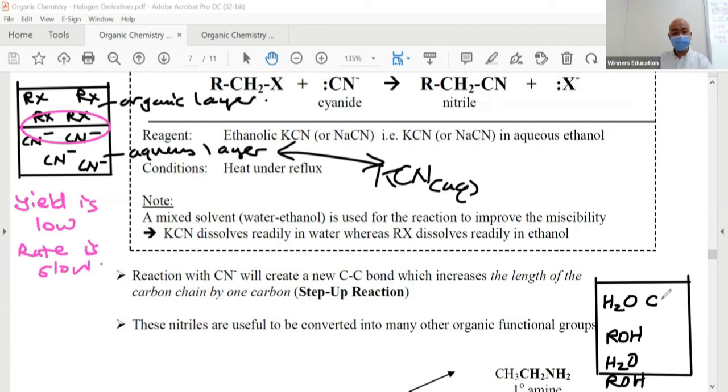The water holds CN minus near to it. Make sense? Which is me and my guy colleague friend. We watch soccer together. Correct? Whereby the girl, ROH, is the lady colleague of my girlfriend, and they always go shopping together. Can you see? So every CN minus and every RX are being encouraged to be close together forever. We use ethanolic KCN to react.